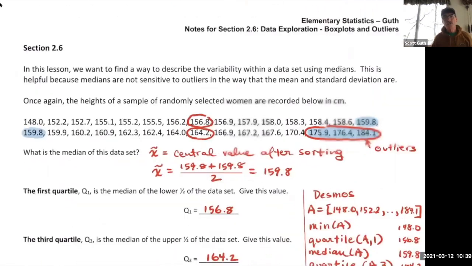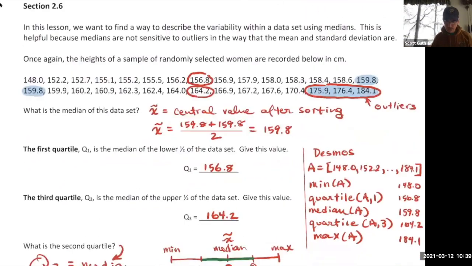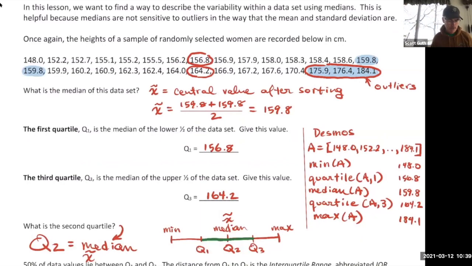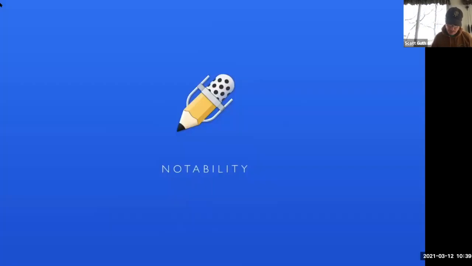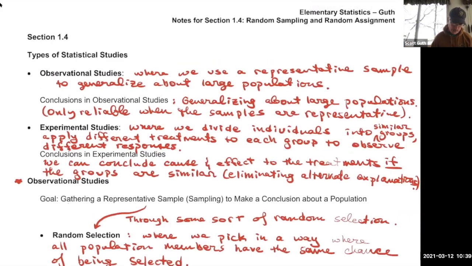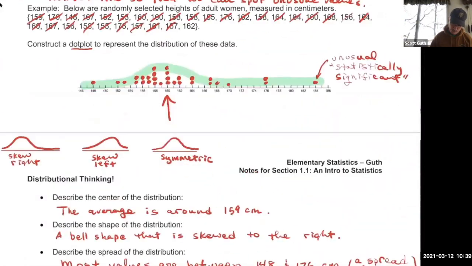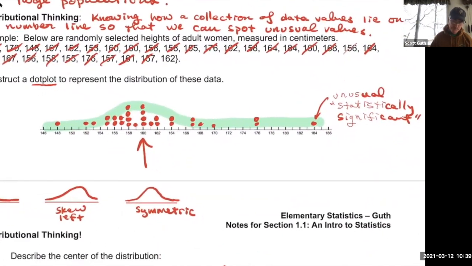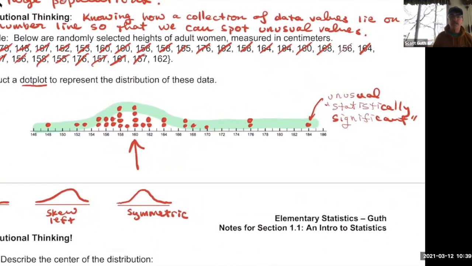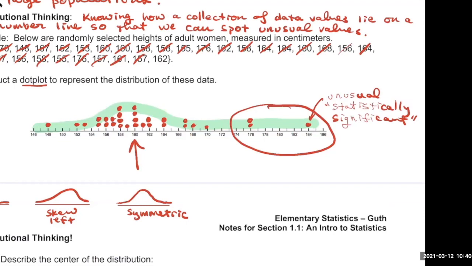I want to go ahead and show you the graph. We've been using these data all through our talks, so I'm going to go back to chapter 1 notes and see if I can find that. It would be way back in 1.1. This is the data set. So these are the same heights, and remember, there are these 3 women that were just really tall, and those 3 are the outliers.